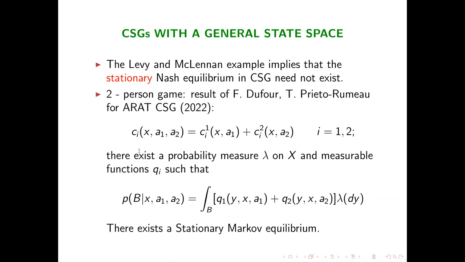And now a few words about constrained stochastic games with a general state space. First of all, I want to say that the Levy and McLennan example implies that the stationary Nash equilibrium in constrained stochastic games need not exist. That also follows from their example.